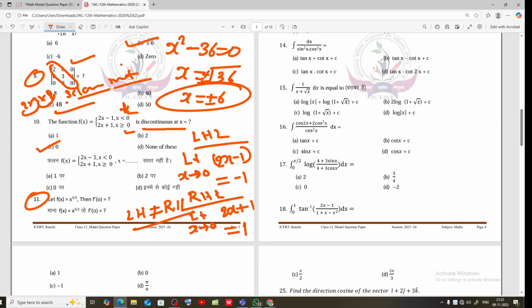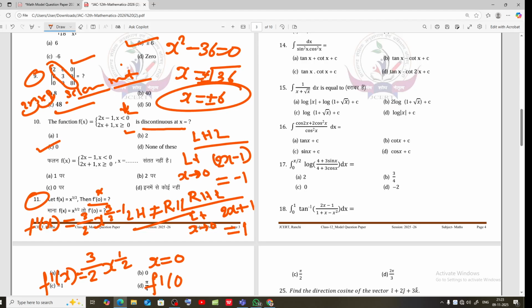Question number 11. f(x) equal to x to power 3 by 2, f dash of x at x equal to 0. First, take a single time derivative. f dash x equal to 3 by 2 x to power 3 by 2 minus 1. That means 3 by 2 x to power 1 by 2. This is f dash x. Now we replace x equal to 0.